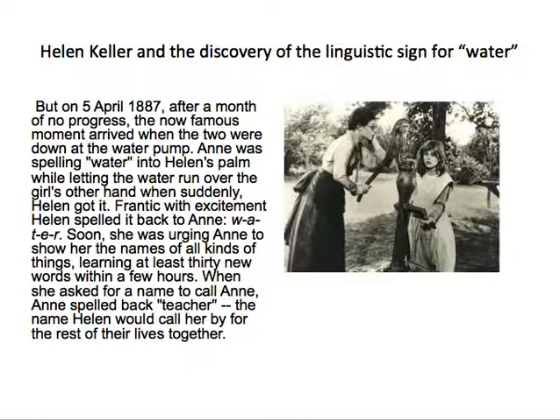Anne Sullivan, that's the name of Helen Keller's teacher at the time, was spelling water into Helen's palm while letting the water run over the girl's other hand. She's trying to communicate. So she's repeating this particular signifier until Helen, at this moment, understands the connection between the signifier and what is signified, which is the water.